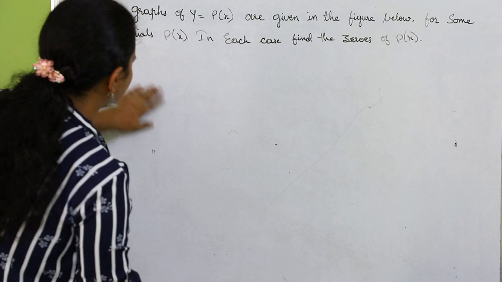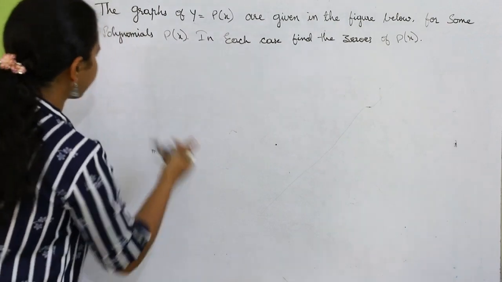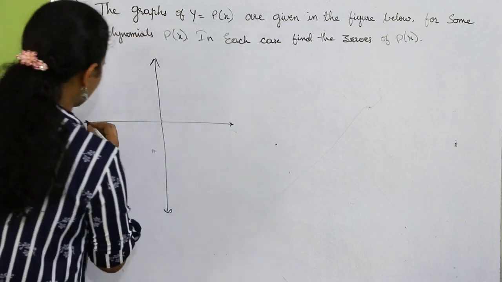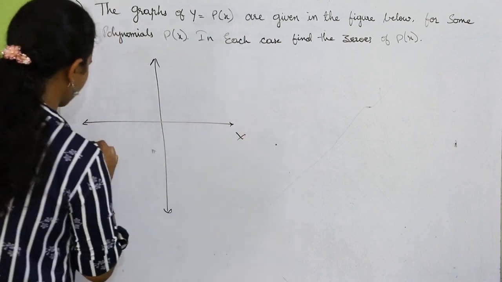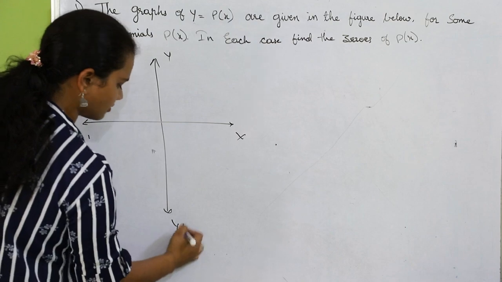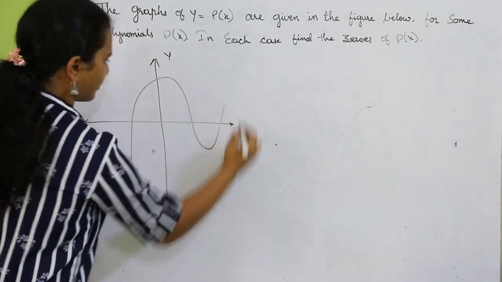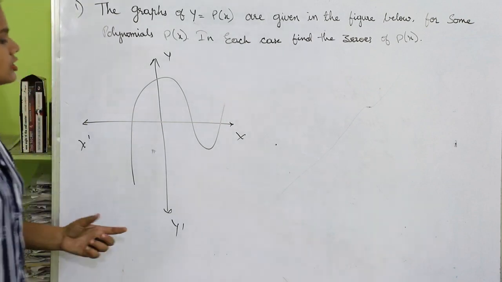So the third graph given over here. Let me again draw the x-axis and y-axis. So here you have x dash, y dash. What's the given figure over there? Now guys, you find out the points.